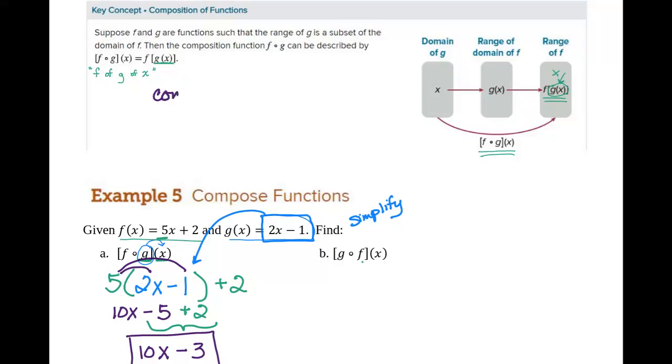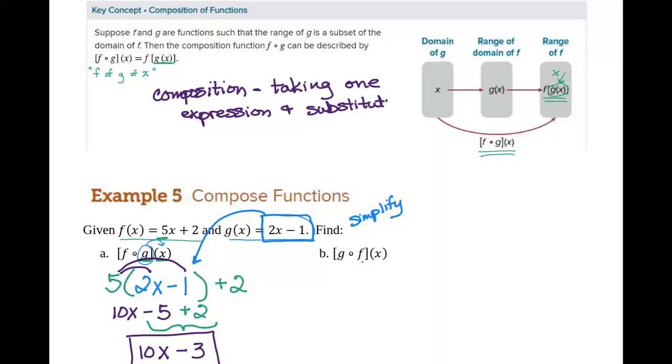So a composition, okay, is taking one expression and substituting it in for x of a second expression.